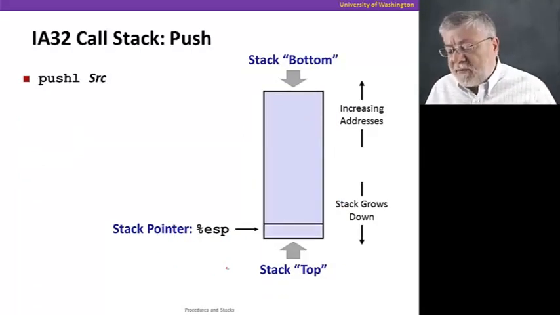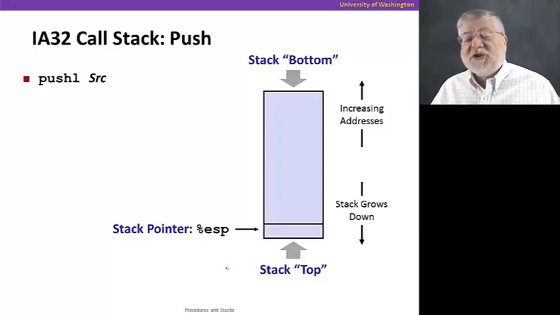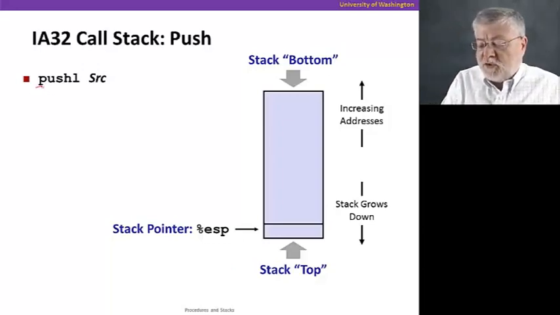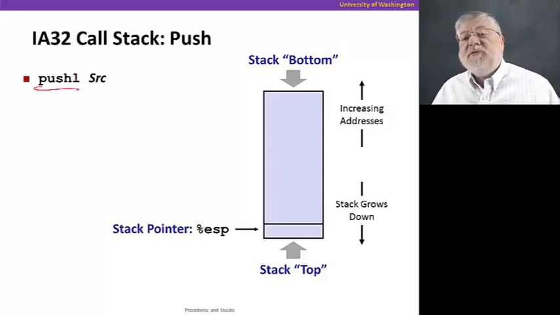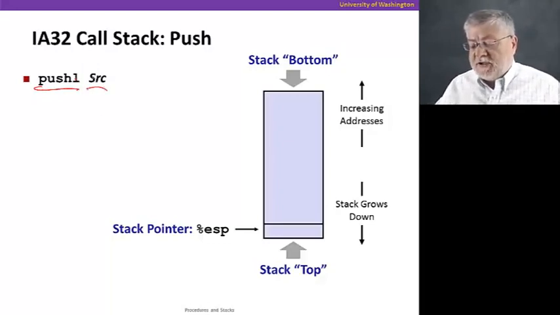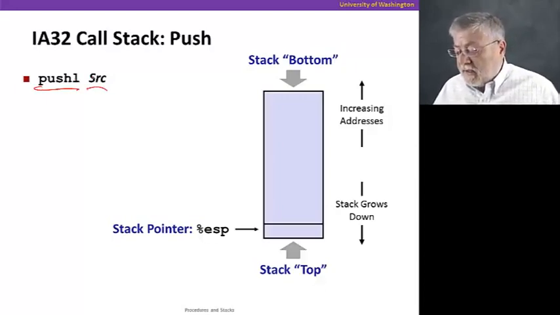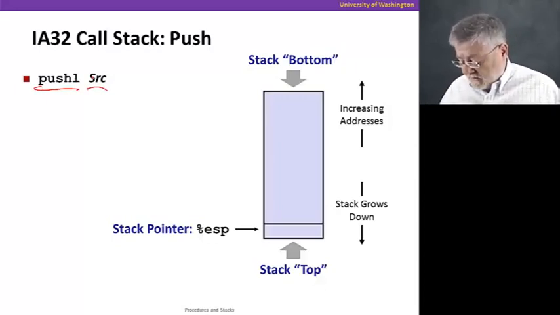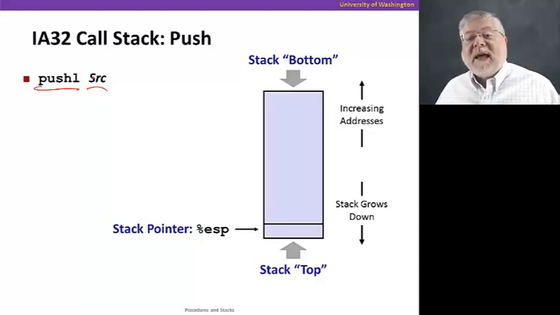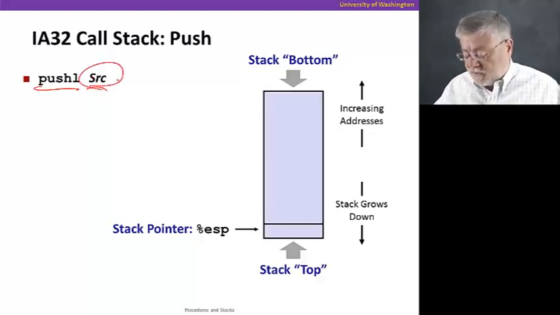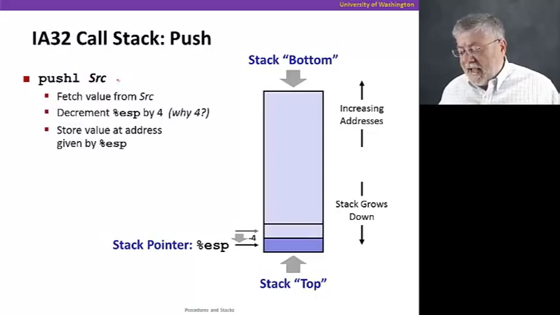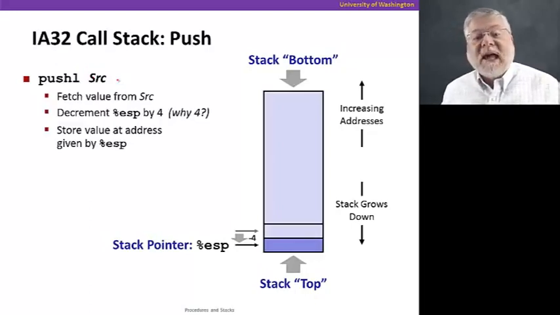So the first stack operation we're going to look at is the push instruction, and here I'm showing a push long, meaning a 32-bit value. And it's given a source register or memory location to push from. And what basically that does is it takes the value at that source, whether it's a register or a memory location, and adds it to the top of the stack.